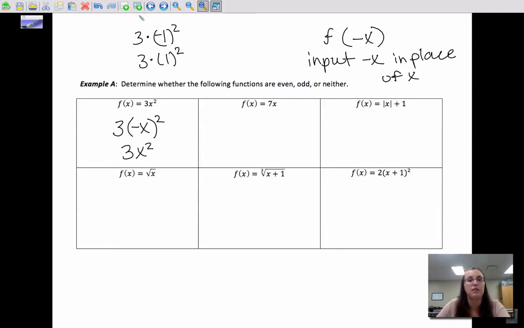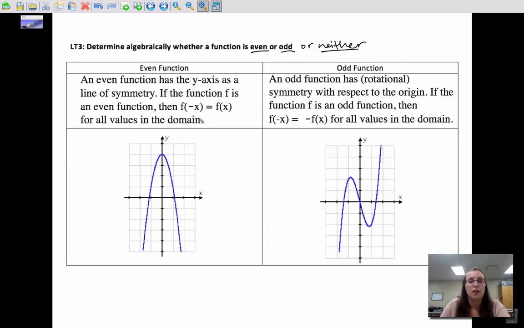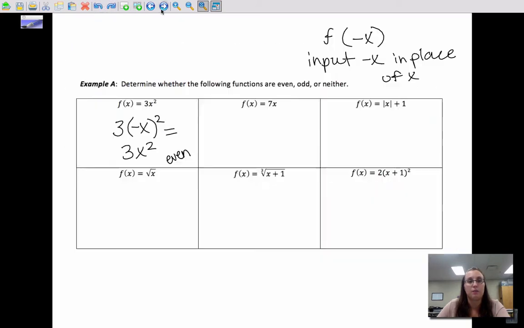It's going to come out the same. And so 3 times negative x squared is the same as 3x squared. So this function is even because, like I said, it is even algebraically if you put a negative x in and the function comes right back out the way it started.